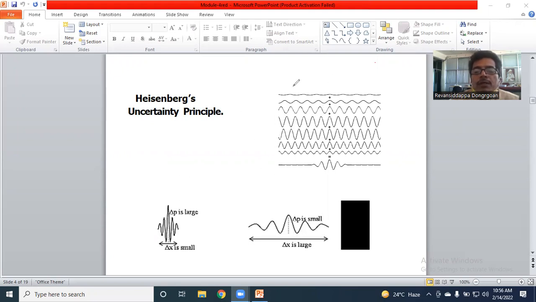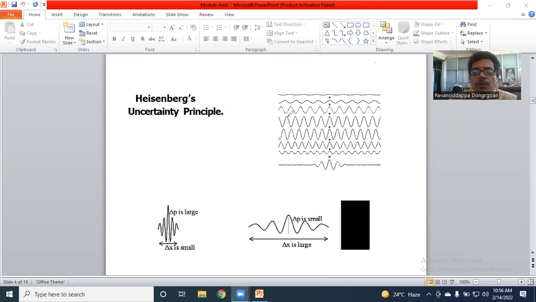Look at the pen here. This is the boundary of the wave packet, the first boundary, second, and last boundary here. So this is the first wave, second wave, third wave, fourth wave, fifth wave, sixth wave.